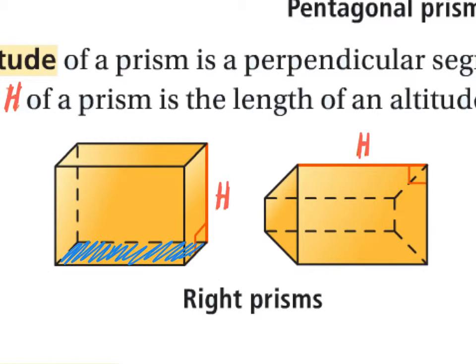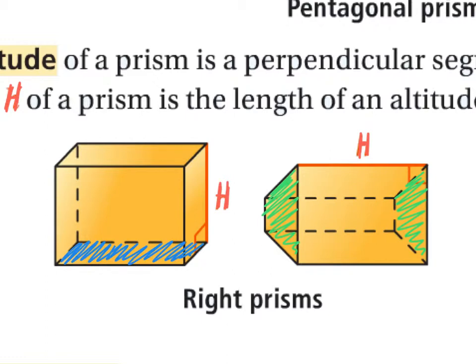So looking at the second one there, the reason that the height is drawn where it is is that that happens to be a trapezoidal prism. The bases are trapezoids. So here we have this trapezoid, over here we have this trapezoid. And so the perpendicular distance between those two trapezoids is the height of that particular prism. Making sense? Everybody okay with that?